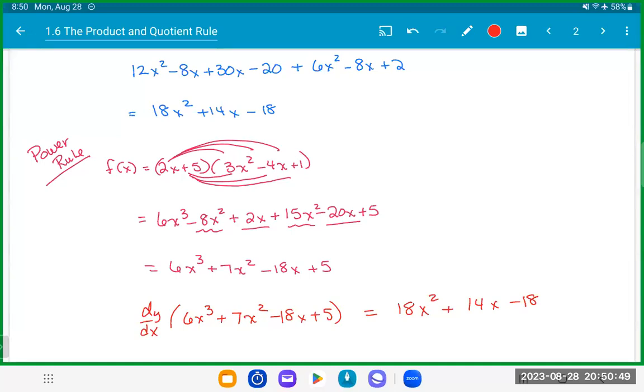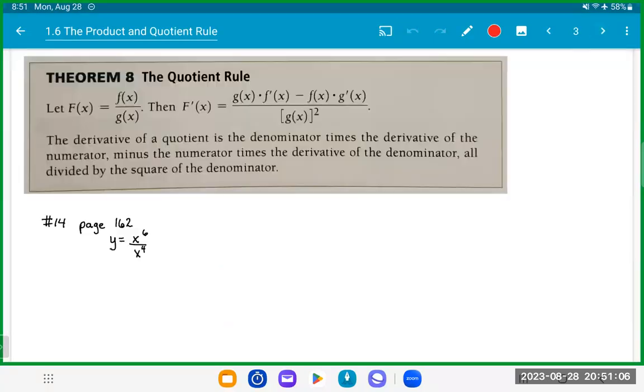And you'll see as we go through the semester, there are some that you're just like, yeah, it would take me way more work to do the power rule than just to implement the product rule. Okay. All right, so now let's learn a new type, the quotient rule. So what if I have one function divided by another function?